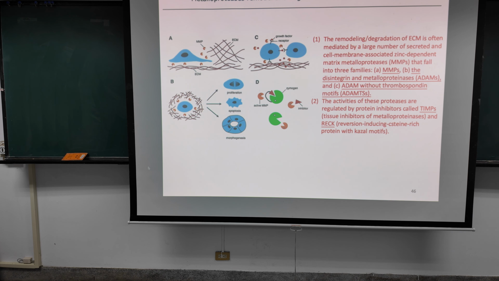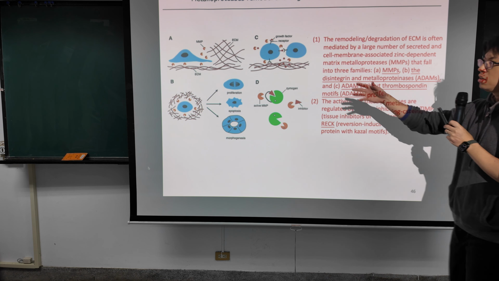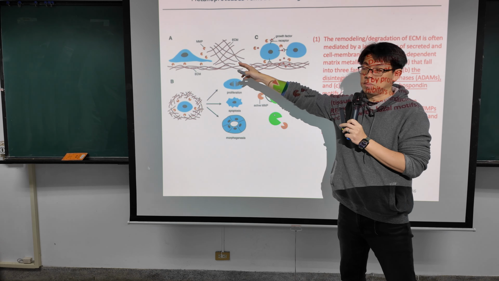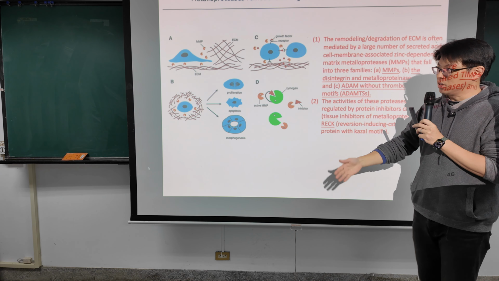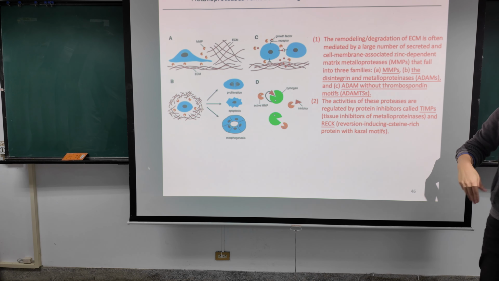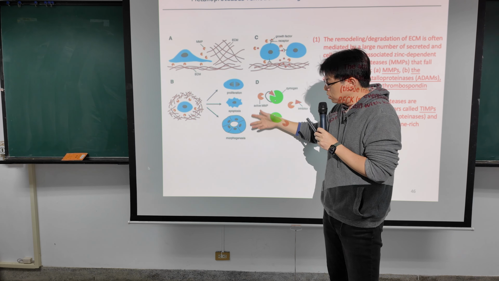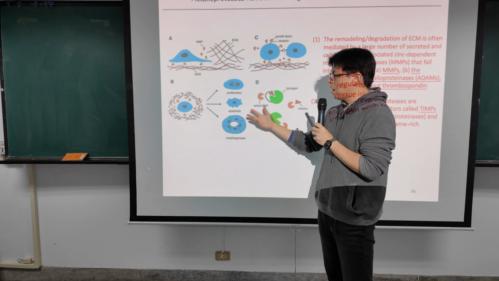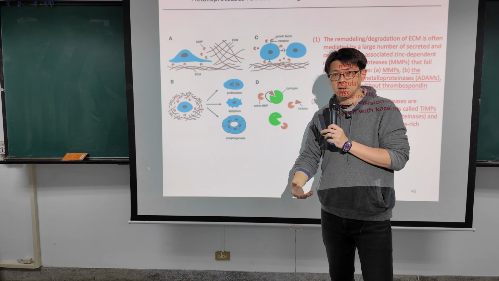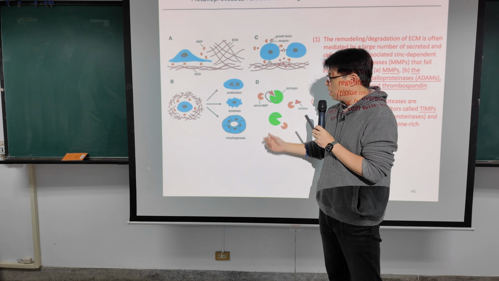Several enzymes, like zinc-dependent matrix metalloproteinases, are secreted from the cell and can digest those extracellular matrices and reduce the density of the ECM, generating more space for cells to proliferate or even undergo apoptosis or form higher-order tissue patterns, like tube formation.